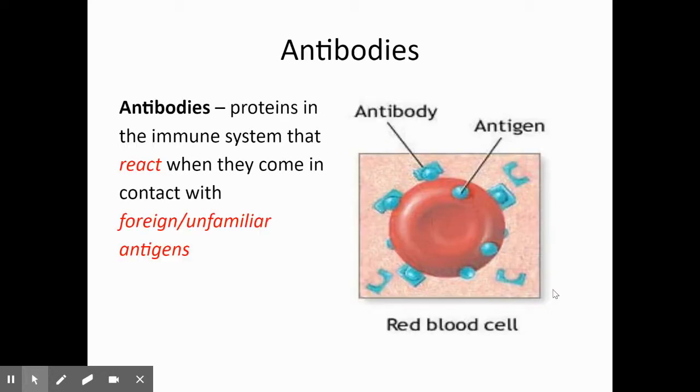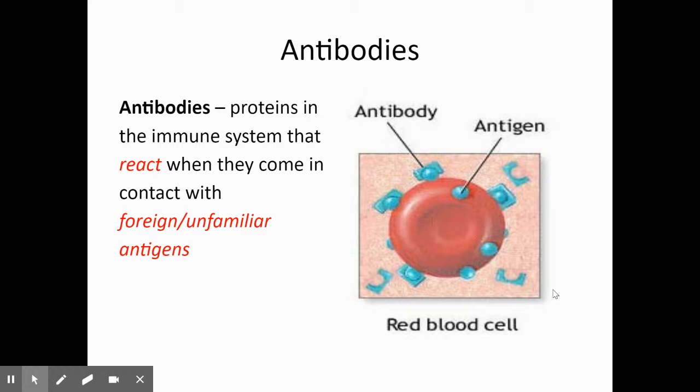Now, the other thing that we need to talk about are antibodies. So antibodies, these are proteins that circulate in your body that are part of the immune system. And what they do is they will react when they come in contact with an antigen that they do not recognize.